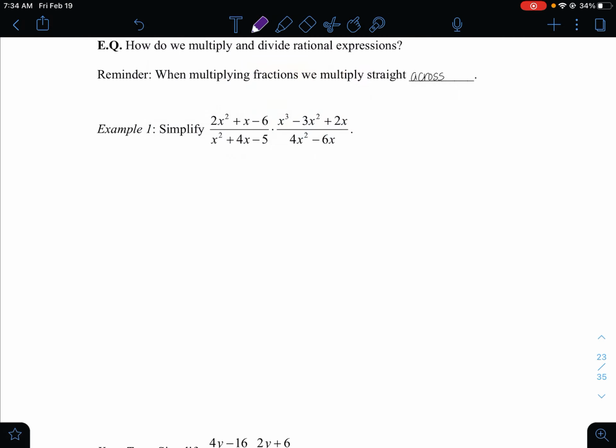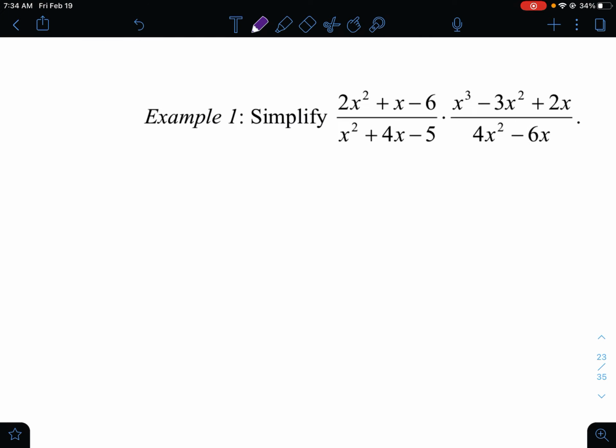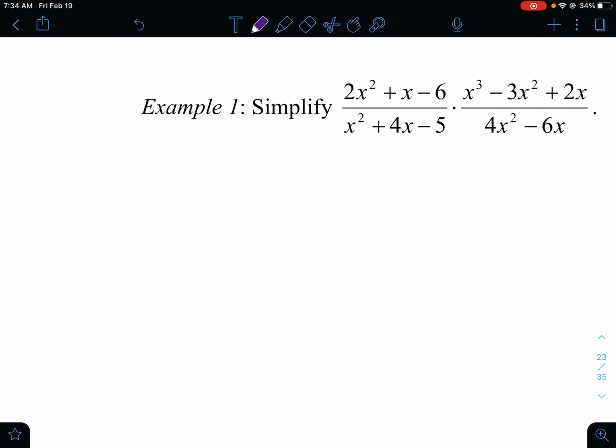Another good thing about Notability is we have all these different colors. I'm going to start with 2x squared plus x minus 6, and we are going to factor this. I need two numbers that add together to give me 1, but when I multiply them, I get negative 12. So my factors are 4 and 3, with 3 being the negative.